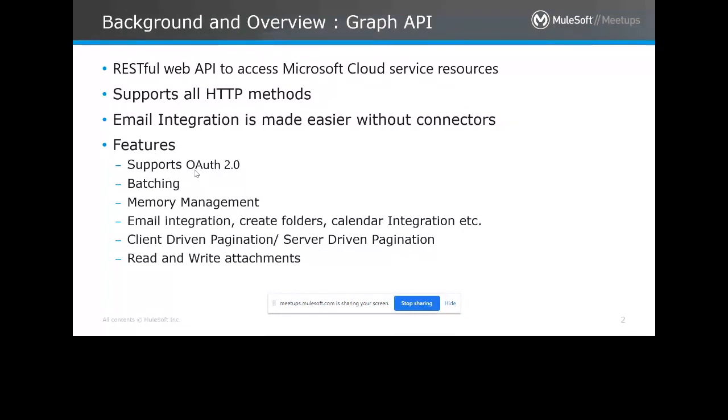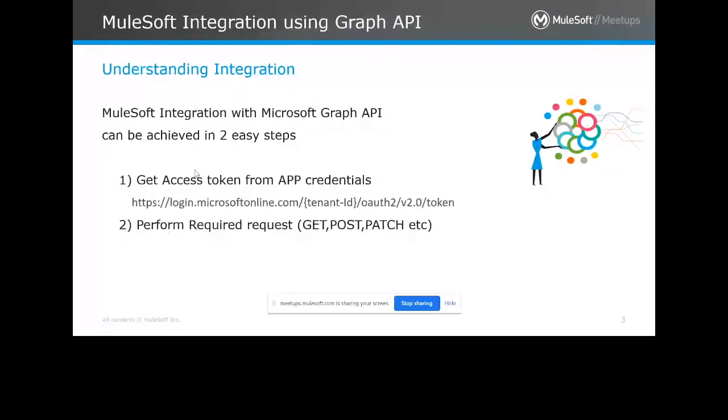It covers the IMAPS feature of reading and writing, and sending back emails like SMTP. I have actually done a POC on this a while ago. It's quite easy in two steps, as I perceived it. You just get an access token with a tenant ID and then perform the request.